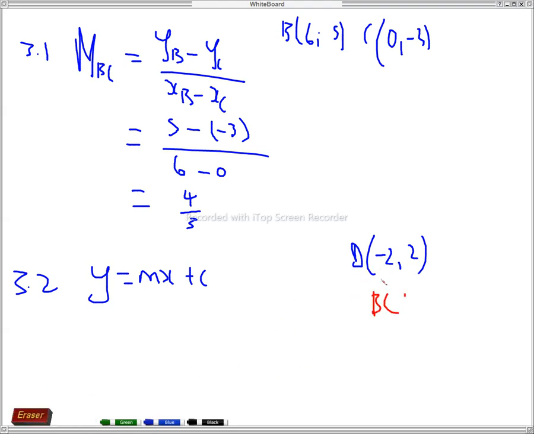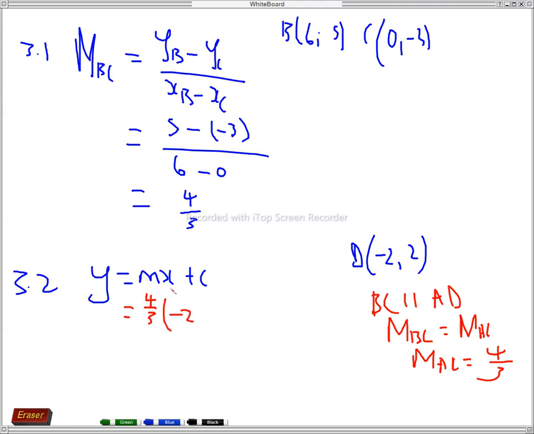Since BC is parallel to AD, therefore m of BC is equal to m of AD. So the m of AD is equal to 4 over 3. Let's substitute our values there. 4 over 3 is the gradient, and then I substitute my value of -2 for x, plus c, which is the one we are looking for.